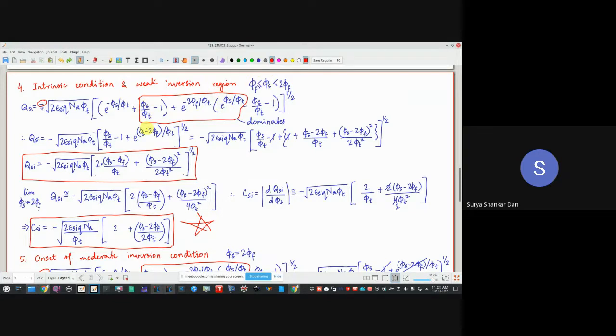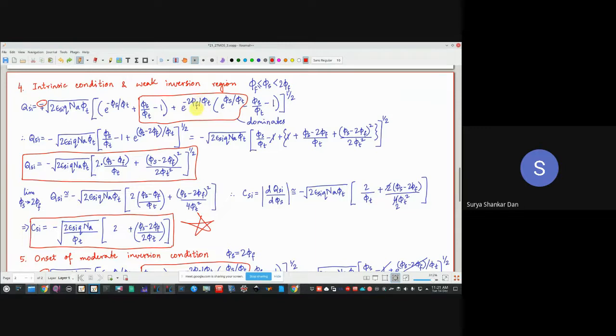So this red box over here will be dominating over these other three terms. That will be much more compared to the other ones. This is still very small. These are also small with respect to this. Why is this phi s by phi t neglected with respect to this? Because this is getting multiplied by e to the power of minus 2 phi f by phi t.